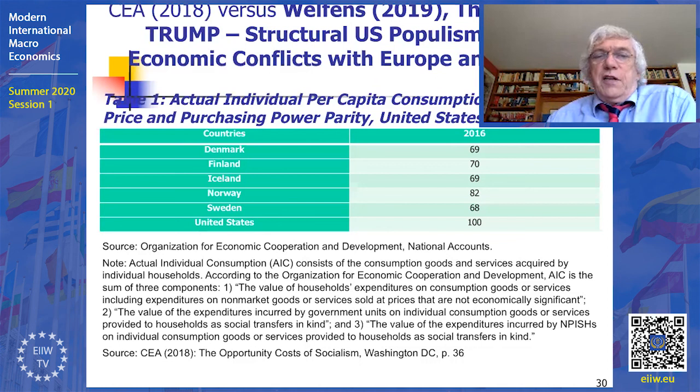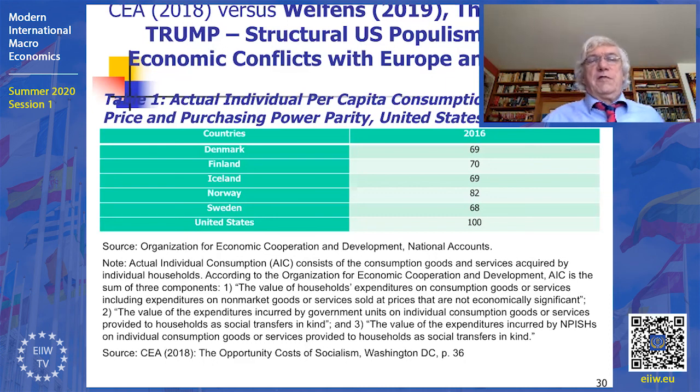So here you can actually see the statistics in the Council of Economic Advisors. And so this table is from my book, The Global Trump. And if you follow the Council of Economic Advisors, you can, for instance, see that, okay, US equal to 100, and then Sweden is 32 points behind the US.